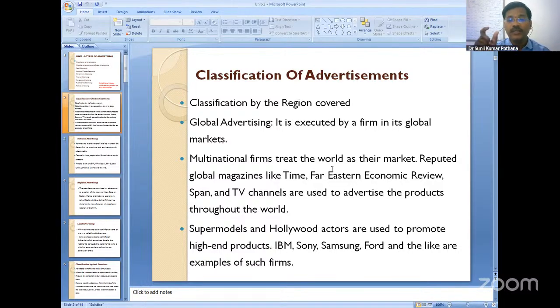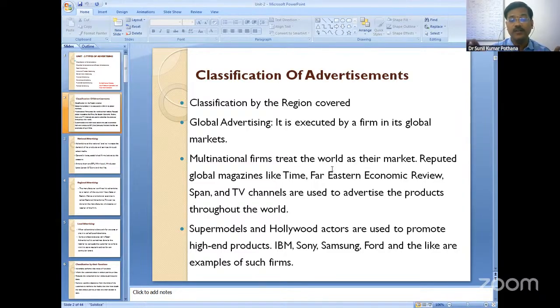For example, we know the Rolex watch. That is a global product. It is available in various countries. In India, we need to import the watch and sell it here. So that is one example of global advertisement.